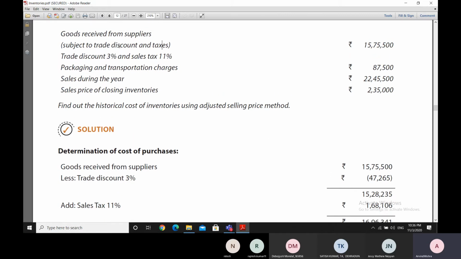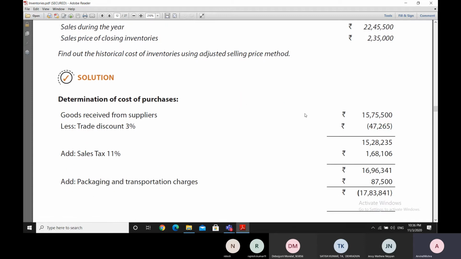As it was, the goods received were subject to trade discount and sales tax. We are reducing the trade discount given by the supplier, and then we are getting a figure of 15,28,235. And then on this, we are adding a sales tax of 11%, which is 1,68,106. And therefore, we are getting a cost of 16,96,341.